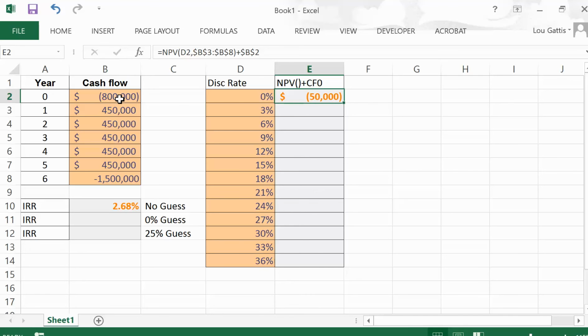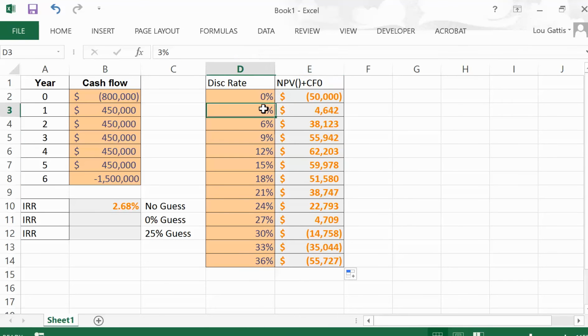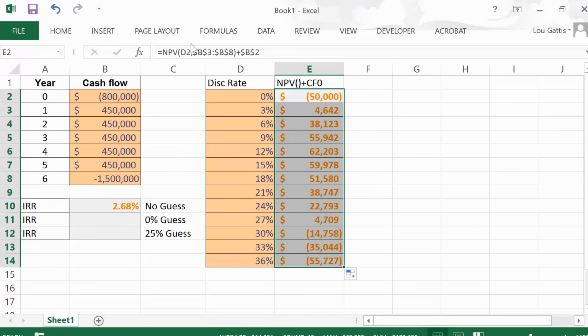Now I'm going to copy that down and get 13 NPVs. What you see is that as long as the discount rate is between about 3 and 27%, you get positive NPVs. However, it's negative a little bit below 3% and a little bit above 27%.